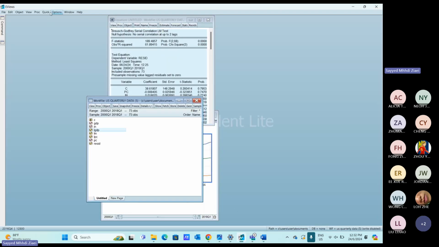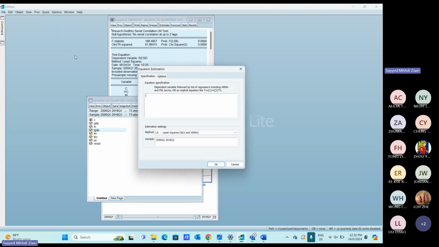Again, go to quick, estimate. So first write your dependent variable. The dependent variable is LGDP. Then put C for the intercept, or alpha that you have in your regression. And then write down your independent variables.